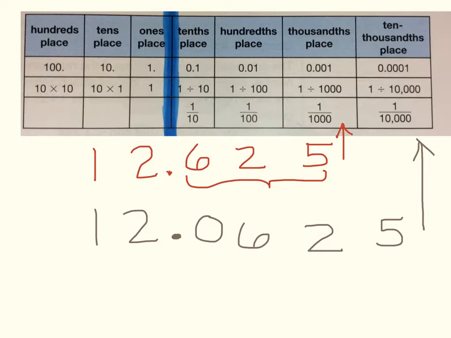So 12 and 625 10,000ths indicated to me that that 0 in the tenths place had to be left empty. So just be sure you are aware of what you're saying to know where that last number can be found. In this case, it was found in the 10,000ths place is what you named it, and so the last number has to be in the 10,000ths place.